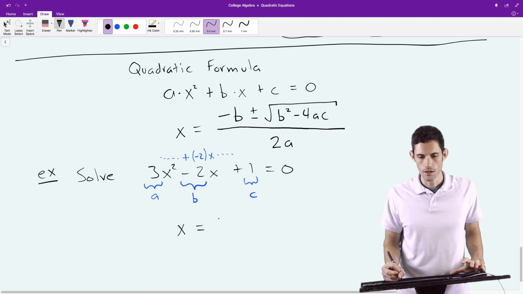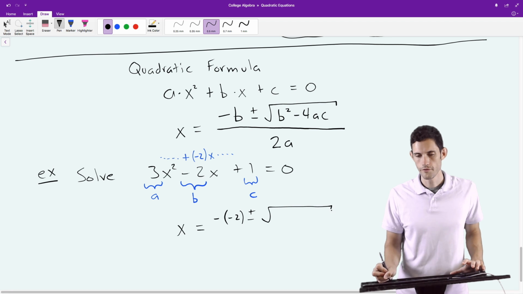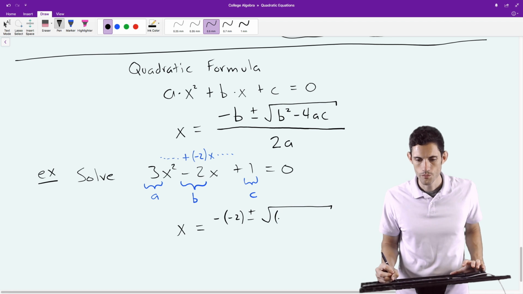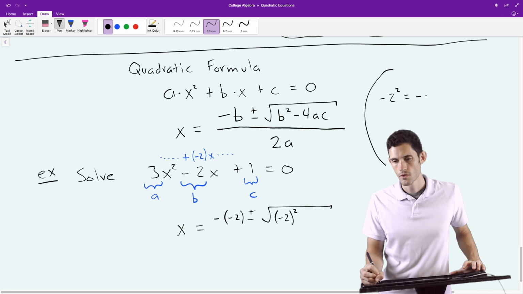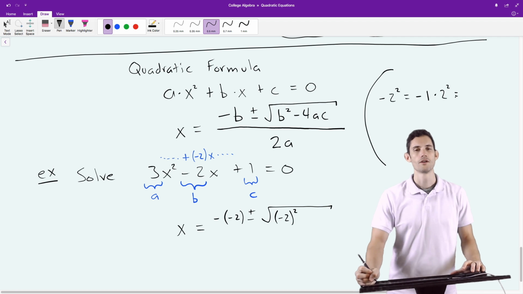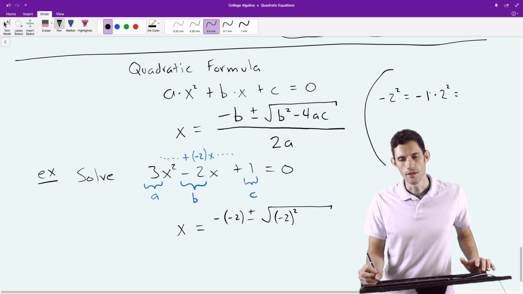x equals negative b. So negative b, b is negative 2. I'll do all the simplification later. And then plus or minus the square root of b squared. Remember, be careful here. If I write negative 2 squared, that's equal to negative 1 times 2 squared. The order of operations is parentheses, which I don't have, and then exponents, and then multiplication.